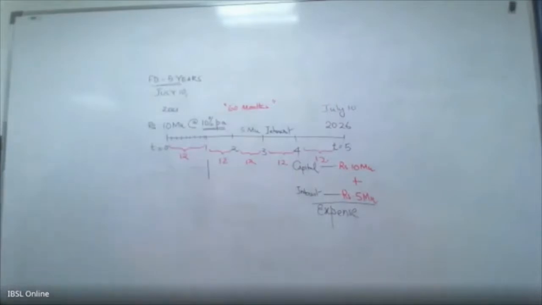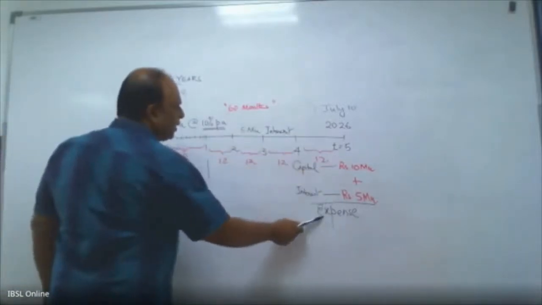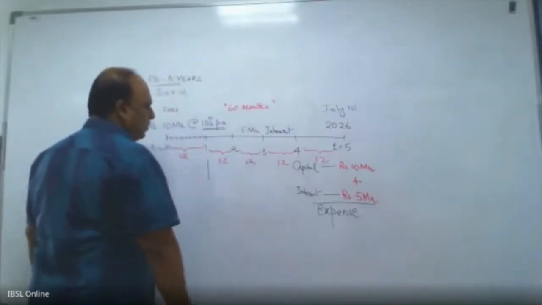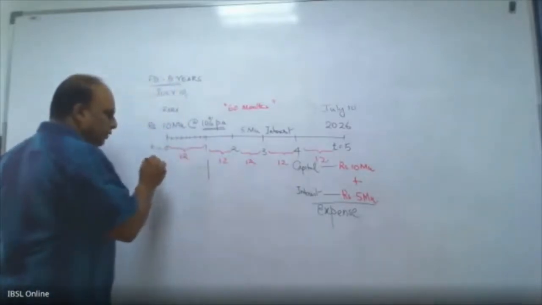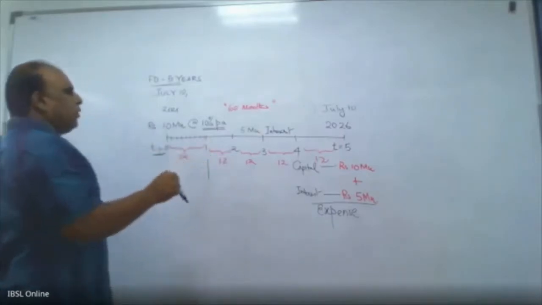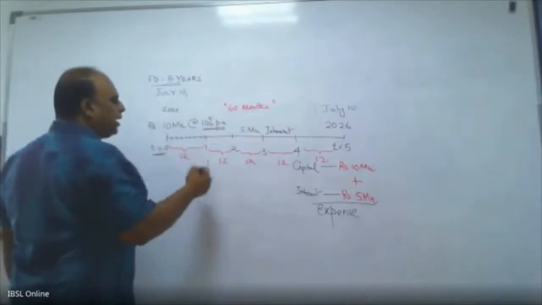So, the bank can't wait till 5 years to incur this expense. They have to think about it today. When the time is 0, they have to think about it. So from day 1, they will start allocating this 5 million.